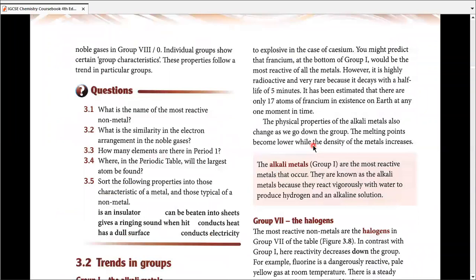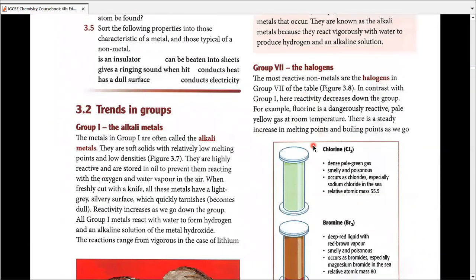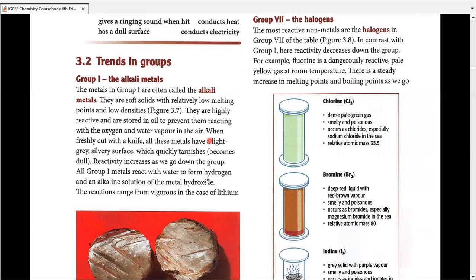Now, right after this topic, we have trends in groups. We start with group 1, the ugly metals. If you take a look at this, you would see many detailed points over here. What I ask my students from the perspective of past papers, you would notice that they either tend to ask the physical properties of group 1 at a time or chemical properties of group 1 at a time.